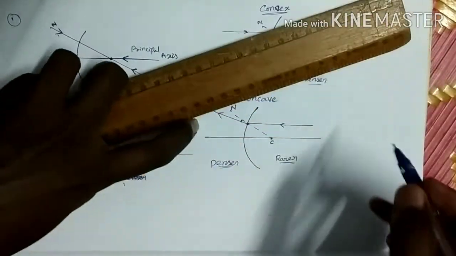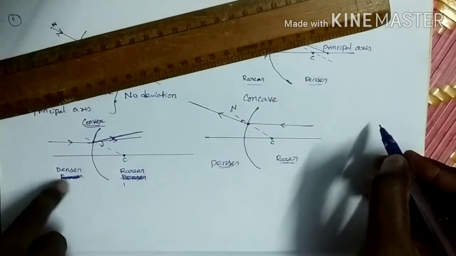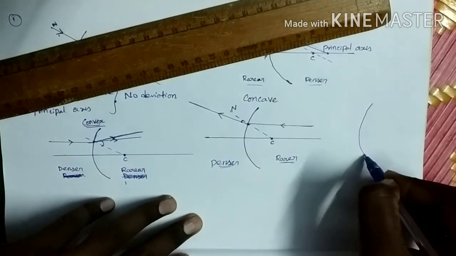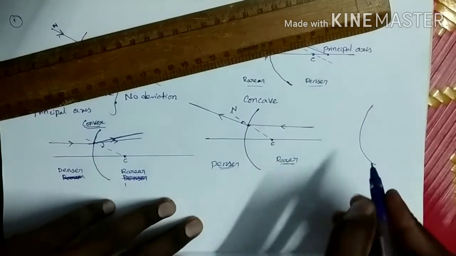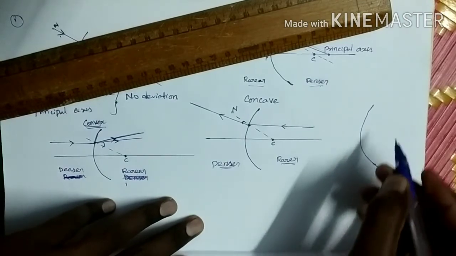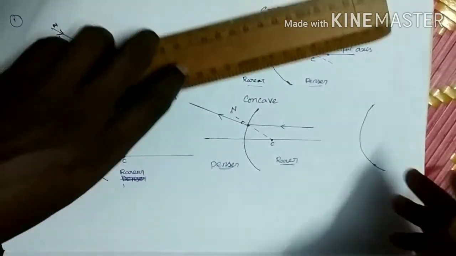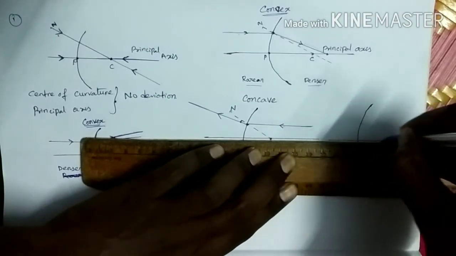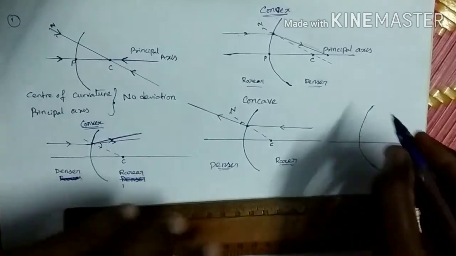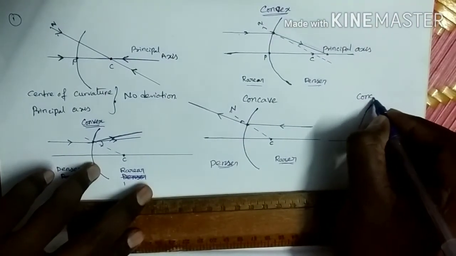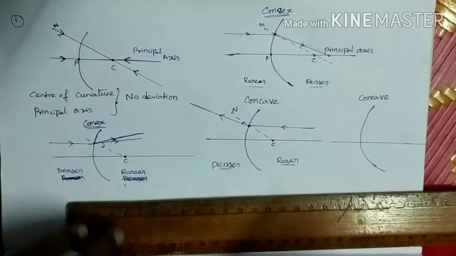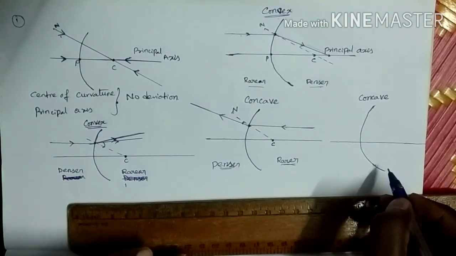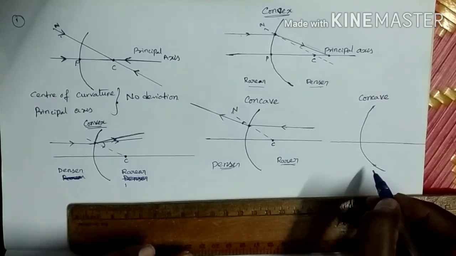And I will tell what happened when the light travels from denser medium to the rarer medium on the concave curved surface. Here also I am considering the concave curved surface. This is also a concave. Here also I am sending the light from denser medium to the rarer medium.